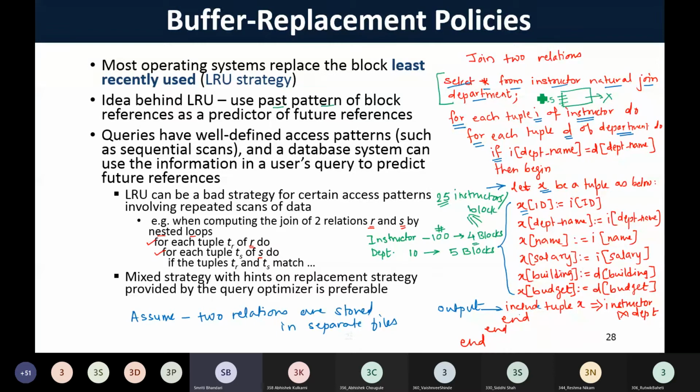So according to this query in our example, the database buffer manager should be instructed to free this space occupied by an instructor block as soon as the final tuple or the last tuple of this block is being processed. Right? So this kind of buffer management strategy is called as toss immediate strategy.